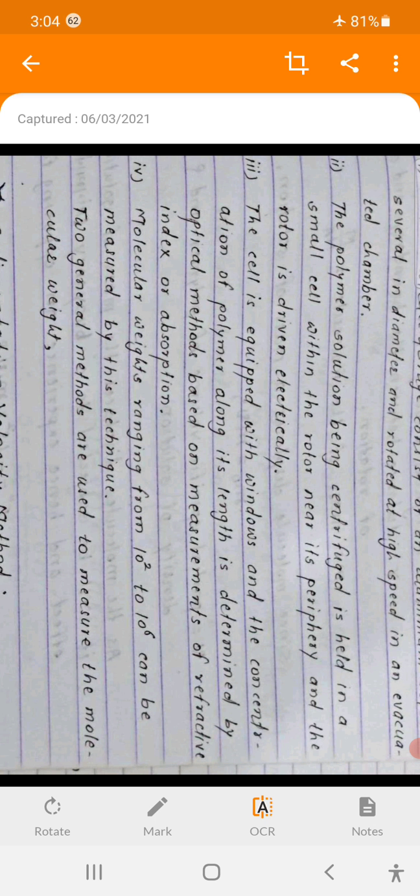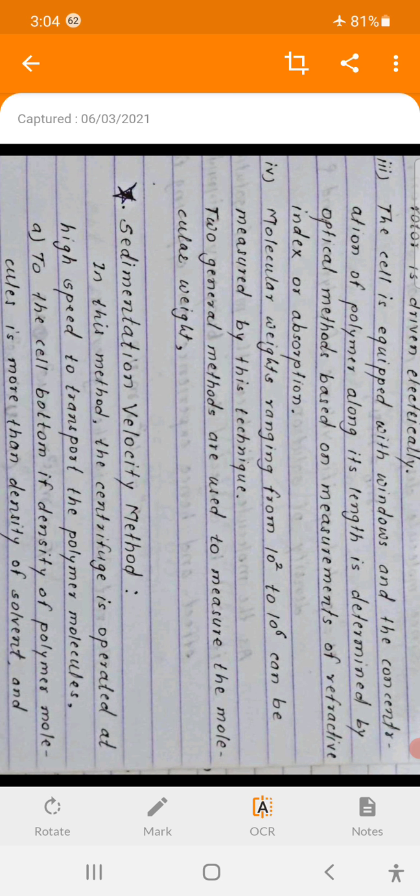By the ultracentrifuge method, molecular weights ranging from 10 raised to 2 to 10 raised to 6 can be measured.